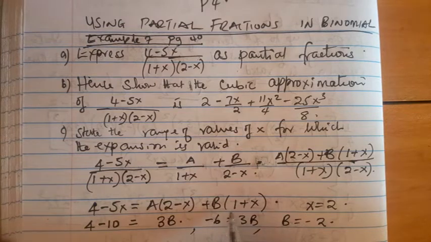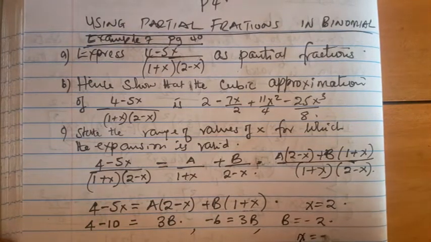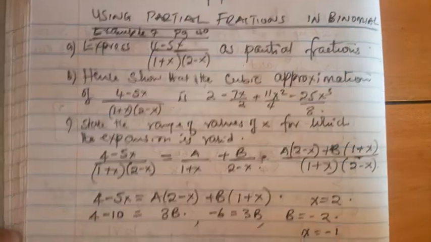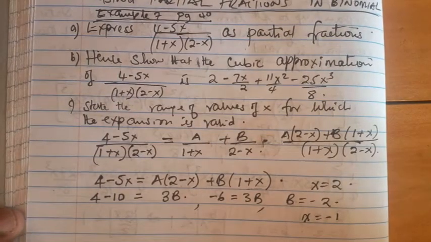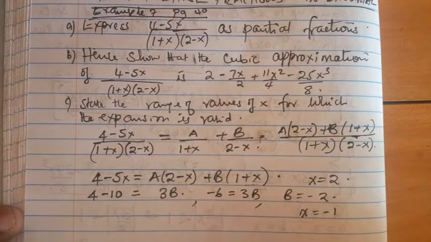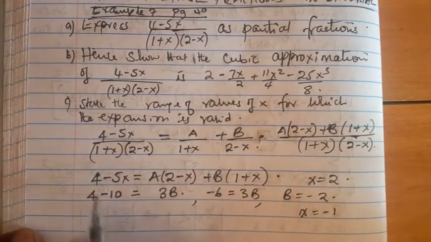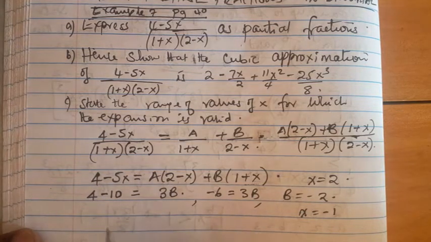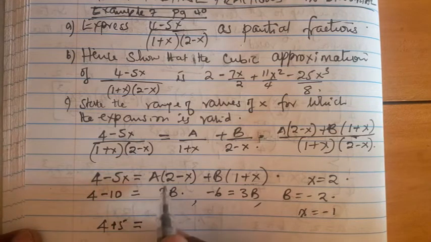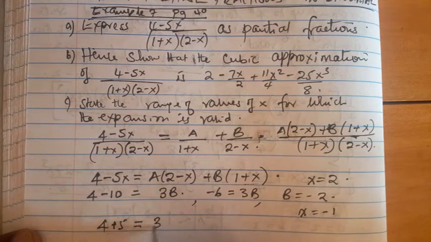We need now to make the other bracket 0, and that's when x is equal to negative 1. When x is equal to negative 1, we have 4 minus 5 times minus 1, so 4 plus 5, which equals, since 2 minus x is 2 plus 1, which is 3, 3A.